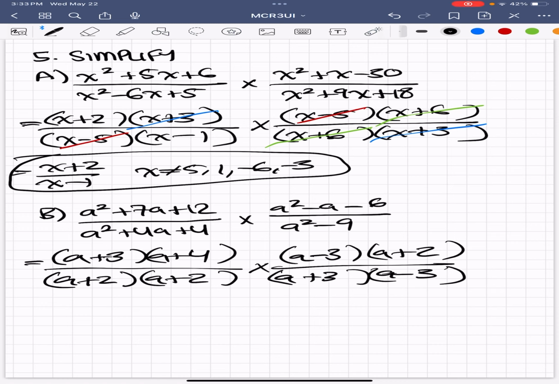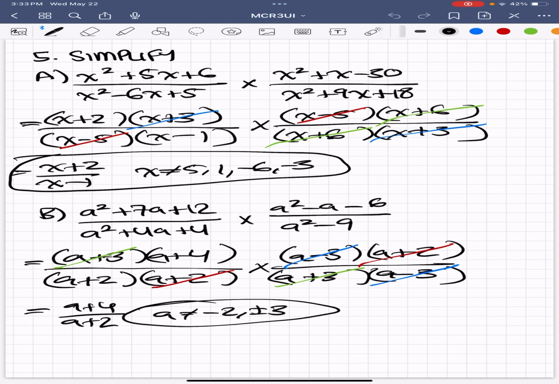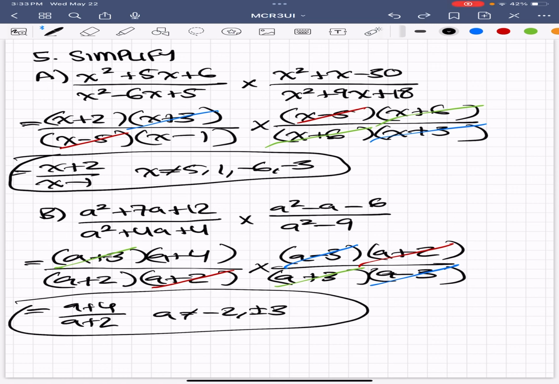Now we cross out. And we're left with a plus 4 over a plus 2.